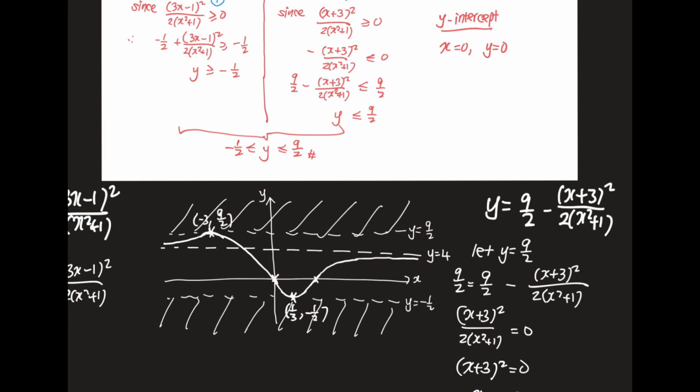Yeah, very close to 4 already. Okay, I try negative 1. 3.5. So it passes through 4 somewhere around negative 1 point something. So this graph is going to be like this.